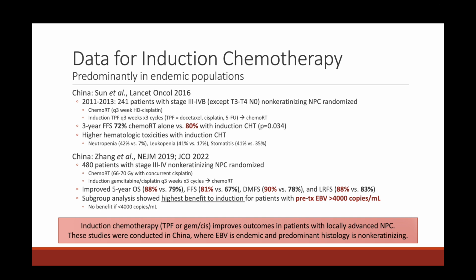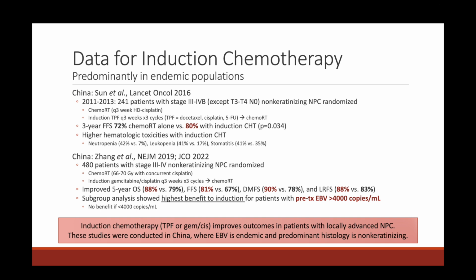And based on this data for EBV-mediated cancers, oftentimes for these locally advanced tumors, people will give induction chemotherapy with the idea that this can hopefully help to shrink things, elucidate whether or not patients have risk for distant metastasis, weed out folks that progress and have distant metastasis, and maybe help shrink our radiation fields a little bit, at least our high dose radiation fields. So that's the impetus for induction chemotherapy, and we now have this data that it improves outcomes.